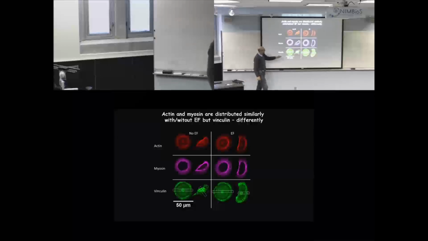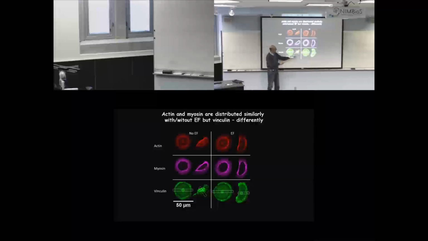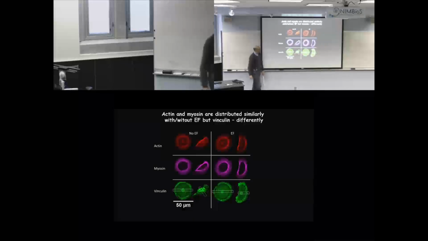In stationary cells it is distributed the same, but in motile cells it's distributed differently. In a cell which polarizes without electric field, all these adhesions are swept to the rear. They're relatively weak adhesions at the front. But in the cell polarized in electric field, there's this bright rim of adhesive proteins at the front.